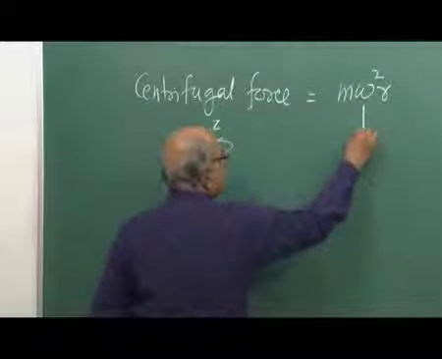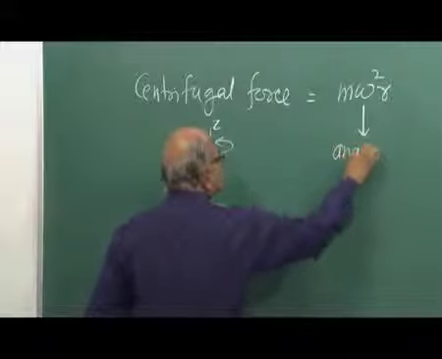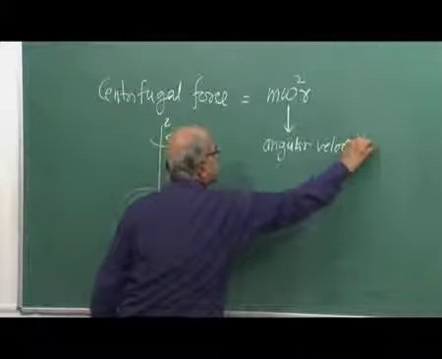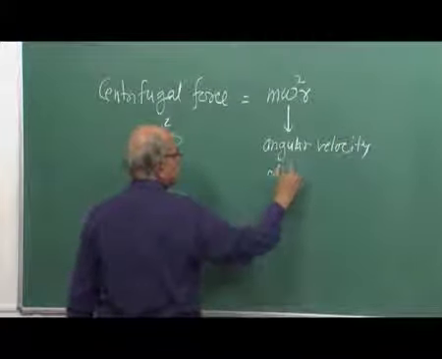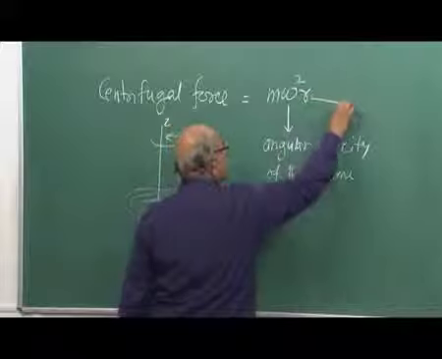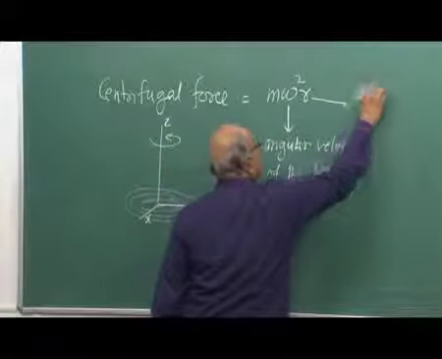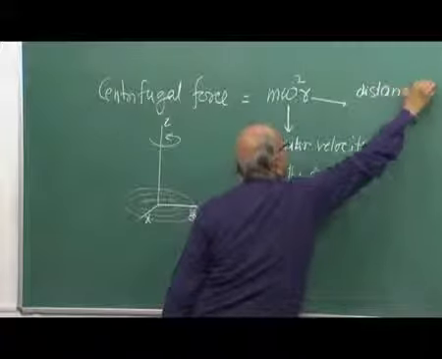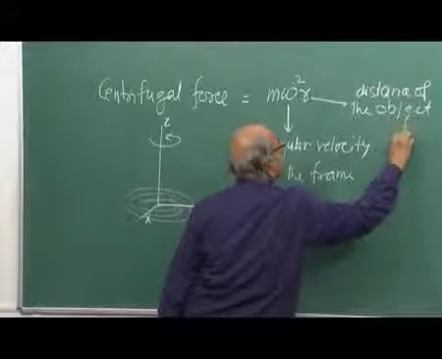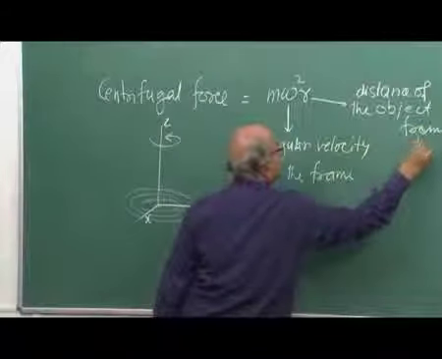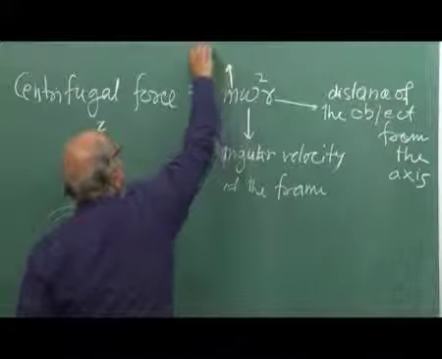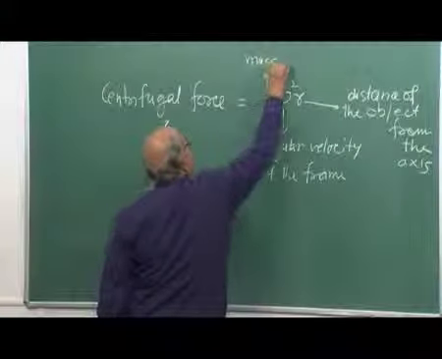So omega is the angular velocity of the rotating frame, and this r is the distance of the object from the axis of rotation, and this m is of course mass of the object.